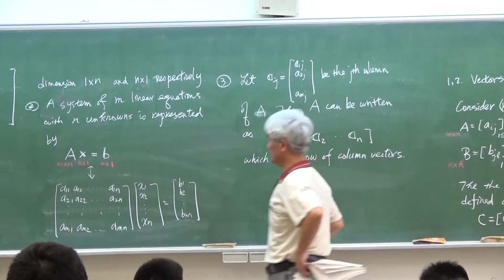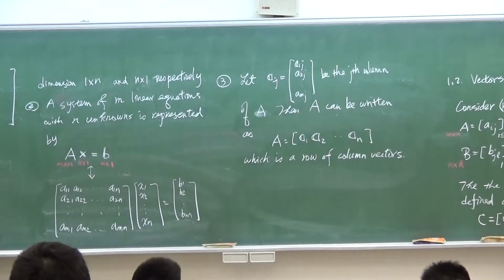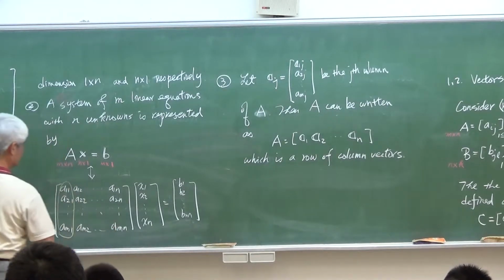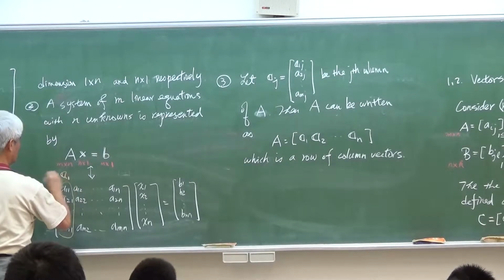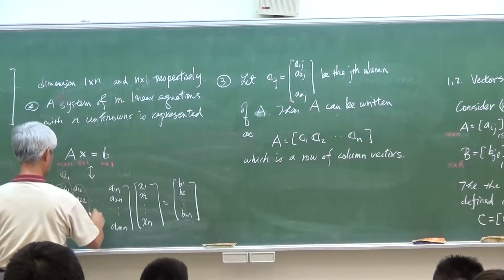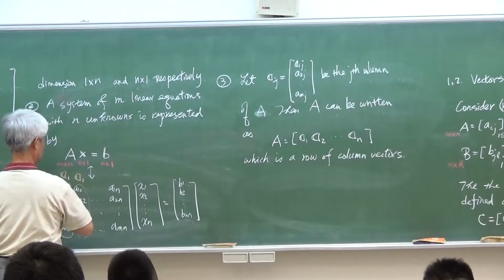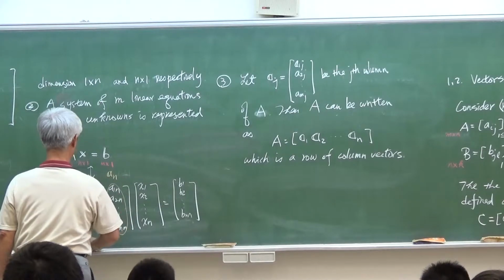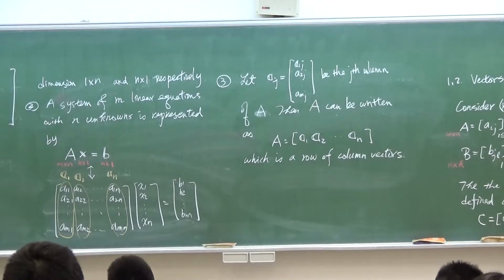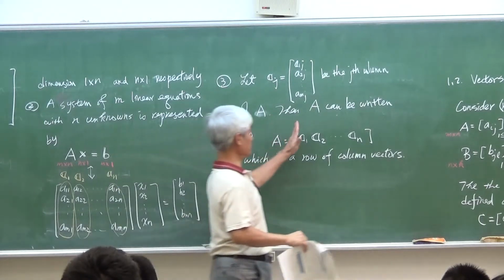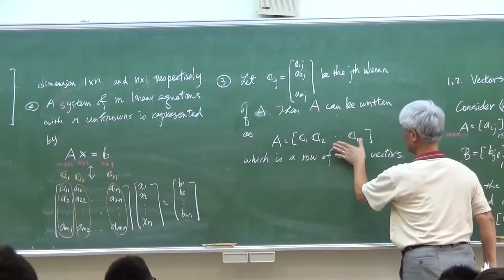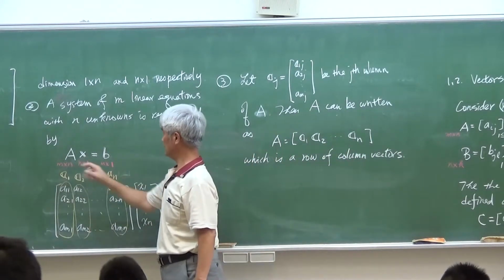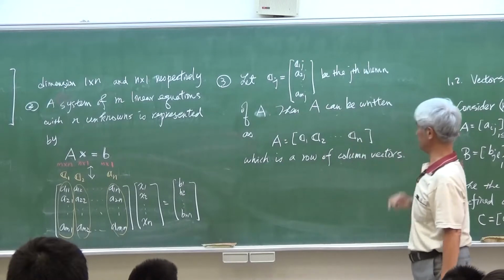So we can think about that. This is the whole thing. The first column can be A_1, so it's a vector. The second column, A_2, and the last column, A_n. So we have n columns here, and we arrange the columns one by one in this order. So actually, the matrix A can be represented as a row of column vectors.